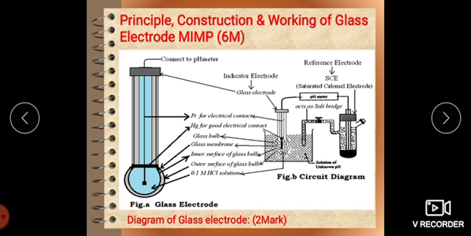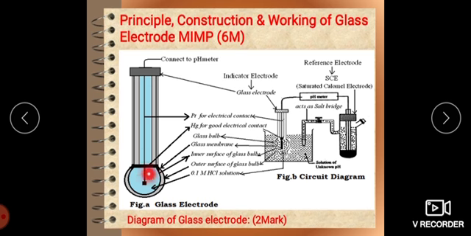Because the pH meter is an instrument used widely in various industries like sugar industry, paper industry, textile industry, drug and pharmaceutical industry. Everywhere there is use of pH meter for determination of pH of a sample. For that it requires the glass electrode.